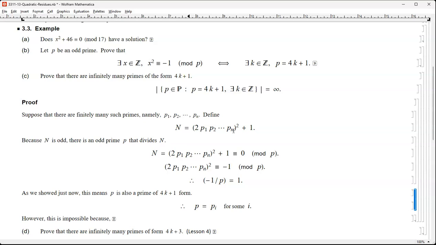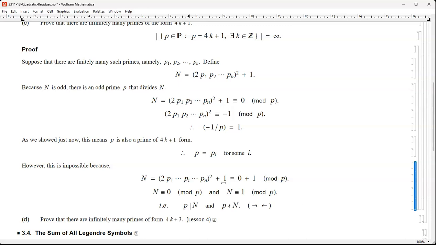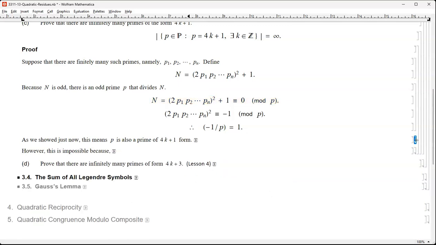But then again, that's impossible, because if p is one of those pi's, then this thing is congruent to 0 modulo p. So capital N is congruent to 1 mod p. You see, this thing here is 0, so n is congruent to 1 mod p. But then again, previously we said n is congruent to 0 mod p. It can't be right. It's a contradiction.